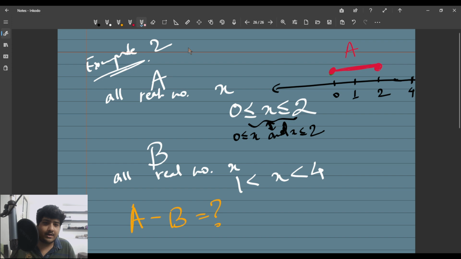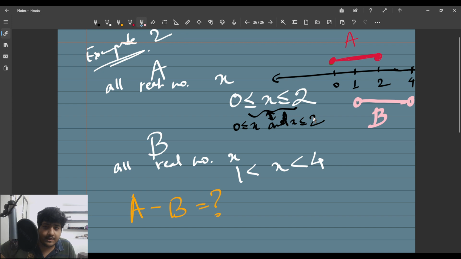I'll choose this pink color for B. So you exclude 1, so you just draw an empty circle. You exclude 4, but you do include all the numbers in between 1 and 4. So now you have two sets. Graphically you know what the sets are. Now you just have to find A difference B.